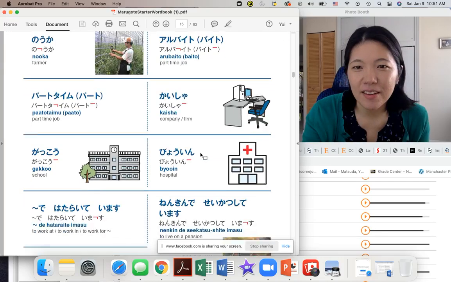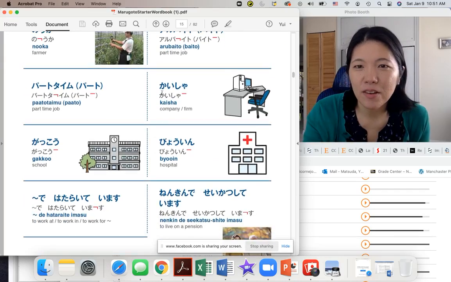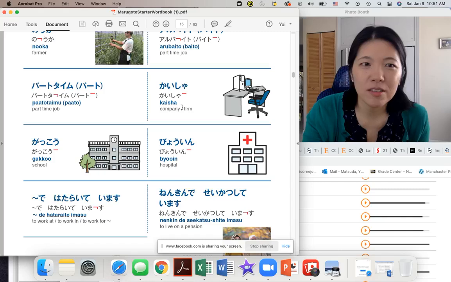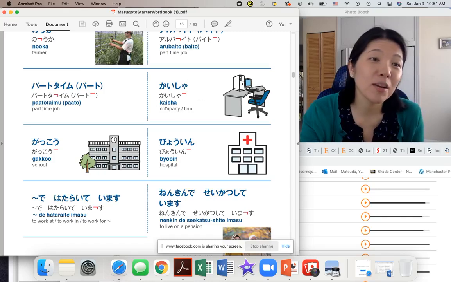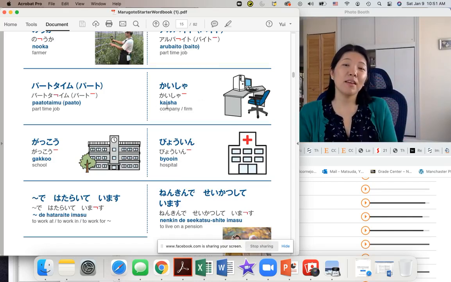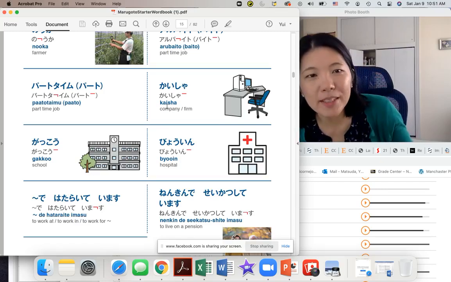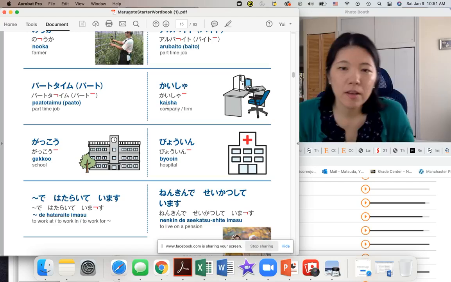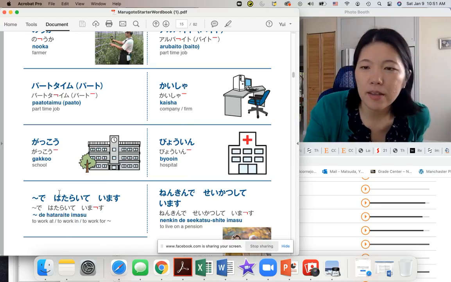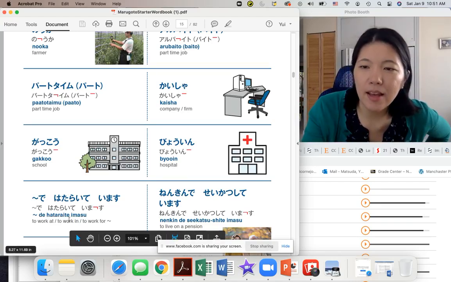And these are other locations. So if you're kaishain, which is an employee, you work at kaisha. Kaisha is a company, a building. Right? Gakko is a school in general. 病院 is a hospital. Right? And then something で働いている.